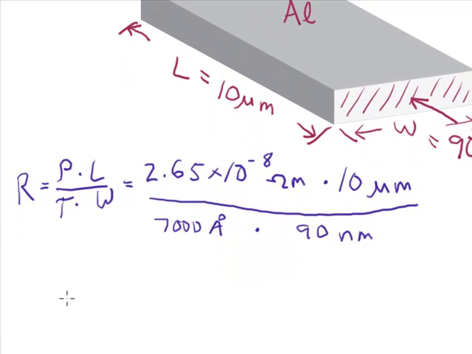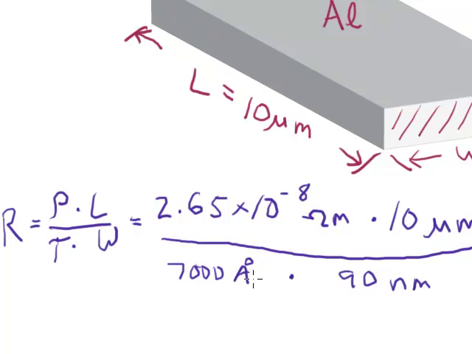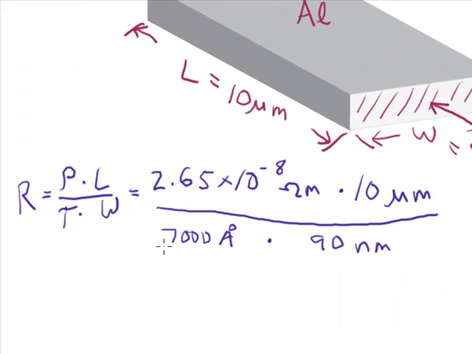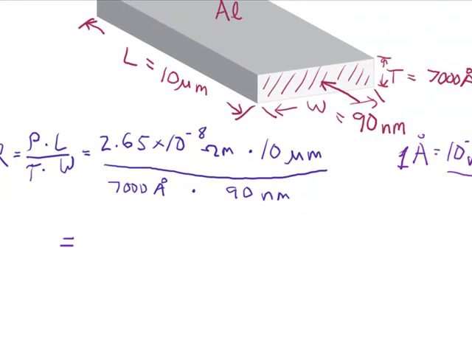Now these units are in meters, micrometers, nanometers, and angstroms. An angstrom, if you remember, equals 10 to the minus 10 meters. The easiest way to do the unit conversion for this type of calculation is to replace the metric prefix or the term angstrom with its equivalent.